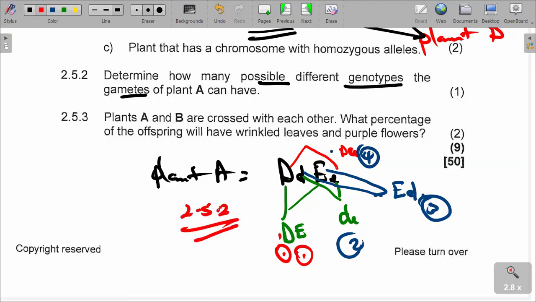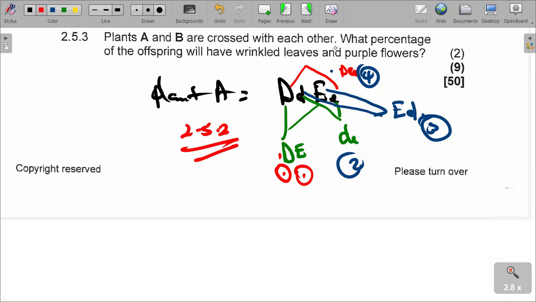2.5.2. And then plant A and B are crossed with each other. What percentage of offspring will have wrinkled leaf and purple flowers? Yes.